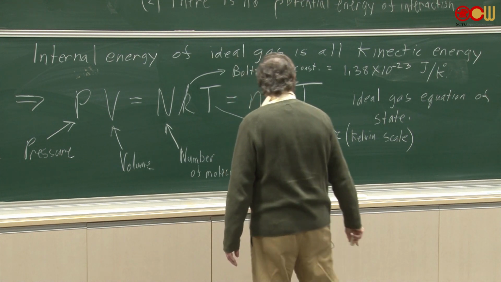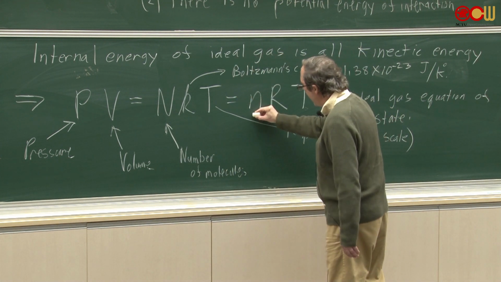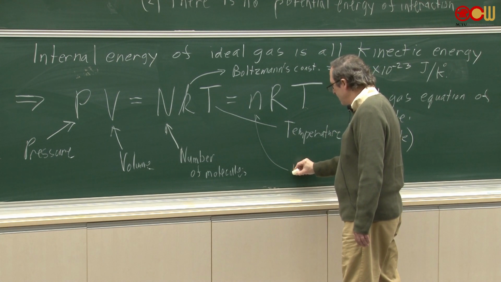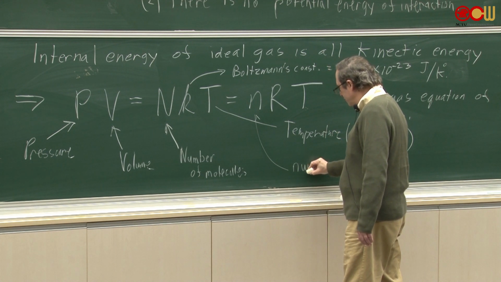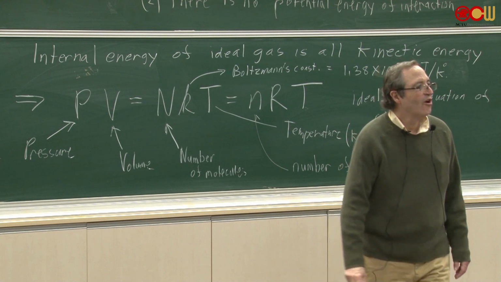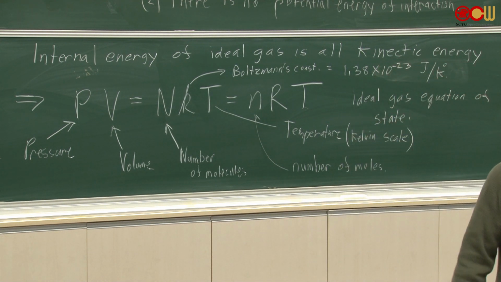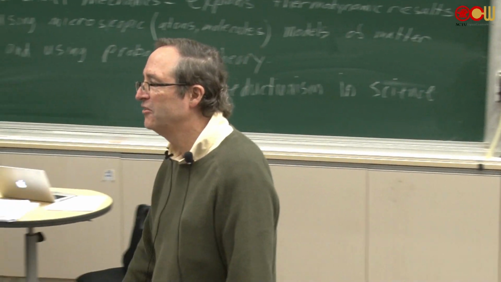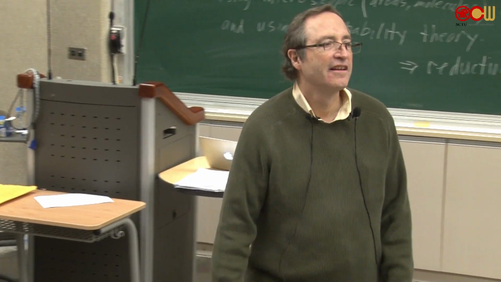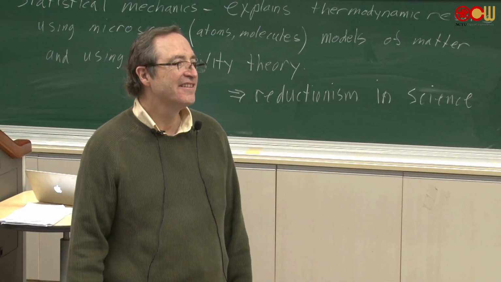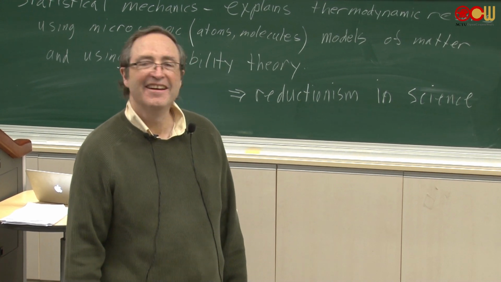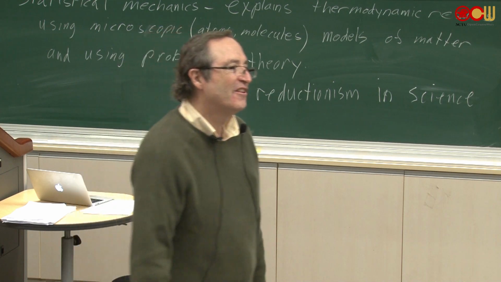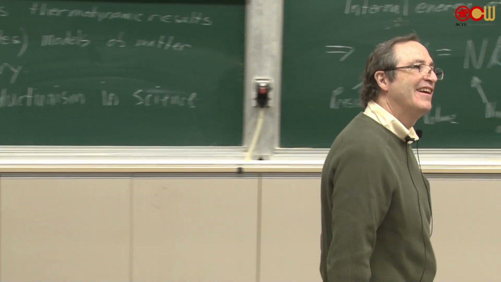All right, we're not done yet. N is the number of moles. Everybody here probably took chemistry at some point in high school. They tell you what a mole is? Well, I'm not going to tell you much more, so you better look it up if you don't remember what it is.